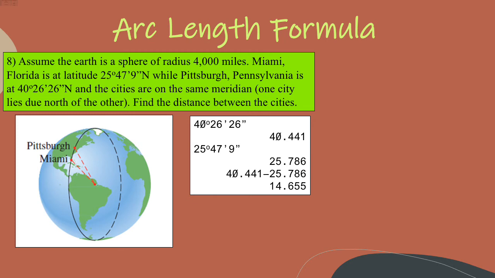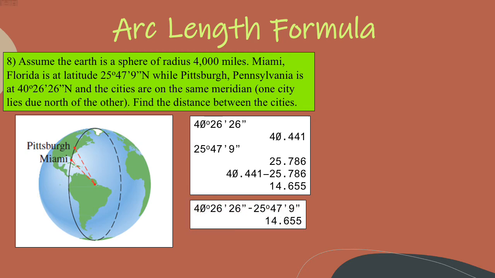We first need to find the angle between the two cities, and we can do this using the calculator. Punching in 40 degrees, 26 minutes, 26 seconds, we get 40.441 degrees. 25 degrees, 47 minutes, 9 seconds is 25.786 degrees. Subtracting the two, we get 14.655 degrees.